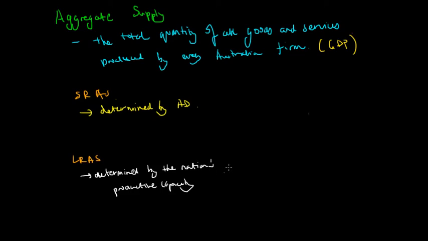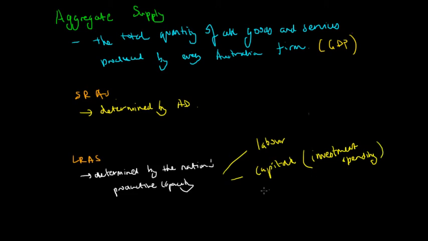So the long run aggregate supply curve is determined by different supply side conditions, and this includes labor, capital, which is also determined by investment spending, and also efficiency. So we're going to look at how much labor and capital and efficiency there are in the economy.